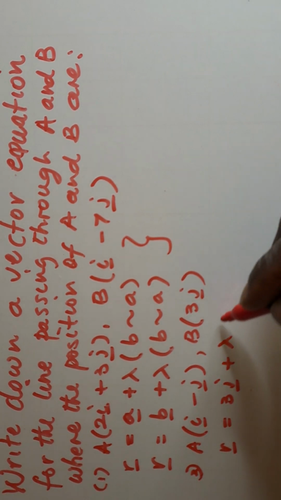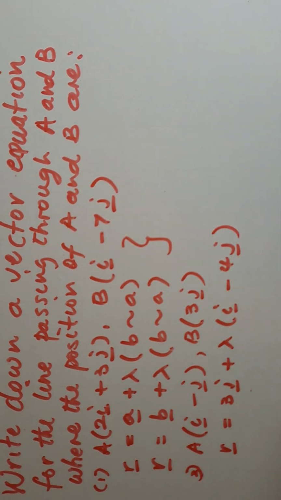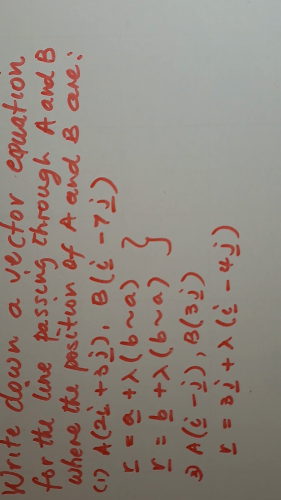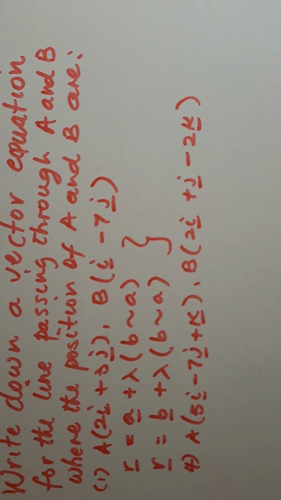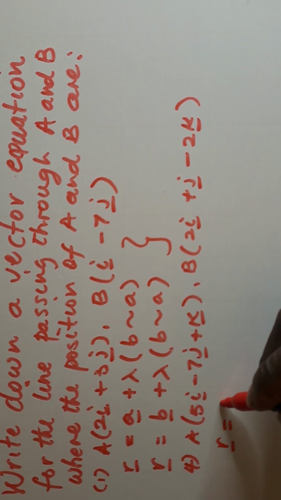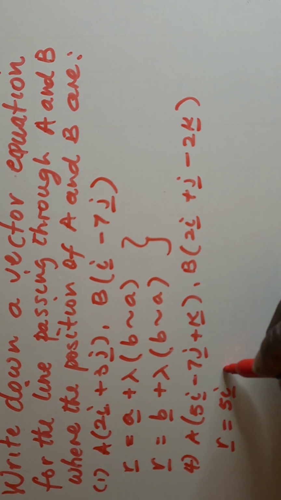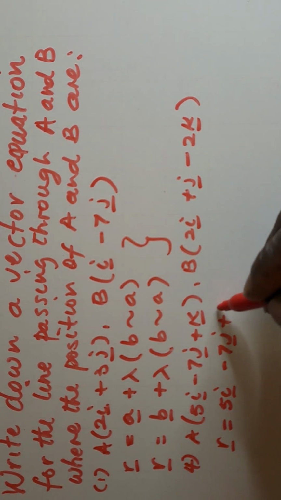Add lambda into i minus 4j. Oh, this one is a three-dimensional vector. It's i, j, and k. And r, again, we can write down 5i minus 7j and k.